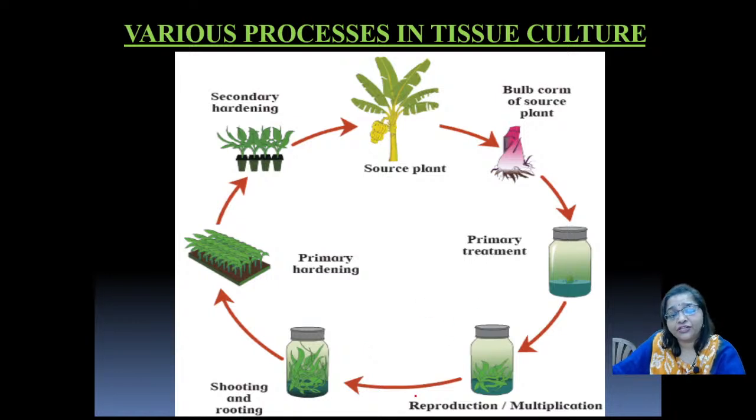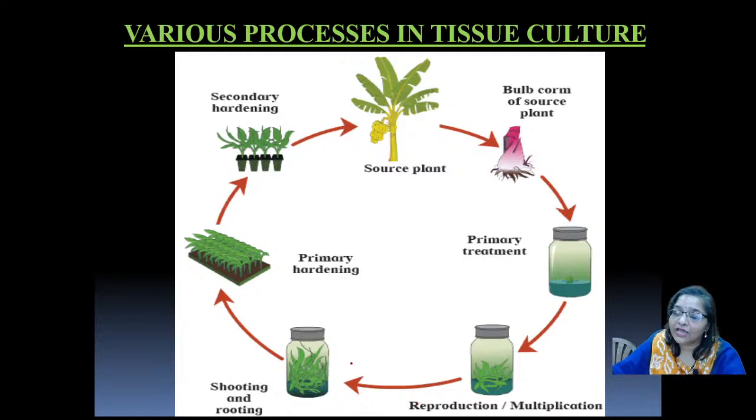Once it starts multiplying, these tissue explants form callus. Callus are irregularly grown cells, which have to be differentiated. That can be done by using plant growth hormones like auxins, gibberellins, and cytokinins, so as to induce shooting as well as rooting in the callus cells.